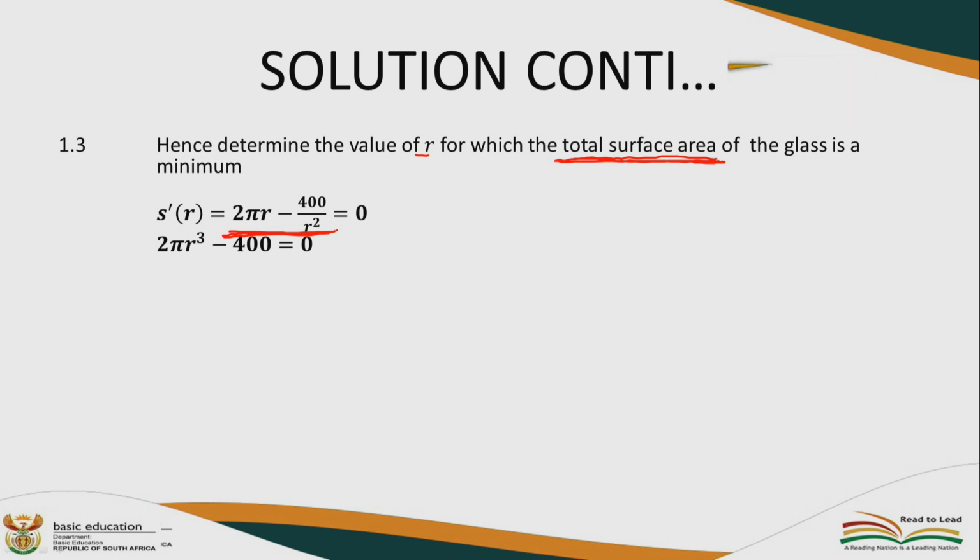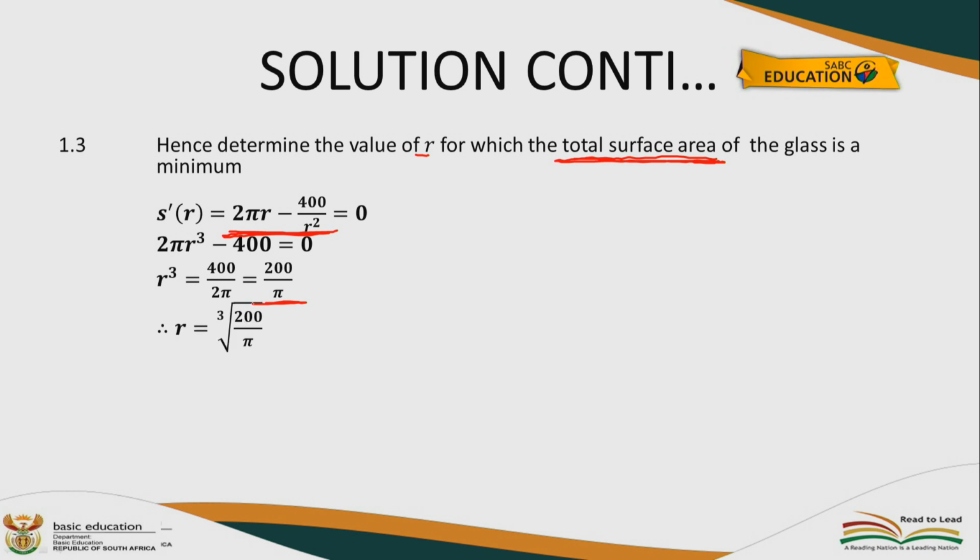So then I'm going to get 2 pi r cubed minus 400 equals 0. Now it follows that r cubed is equal to 200 over pi. I'm just simplifying, and then I get my r to be the cube root of 200 over pi.